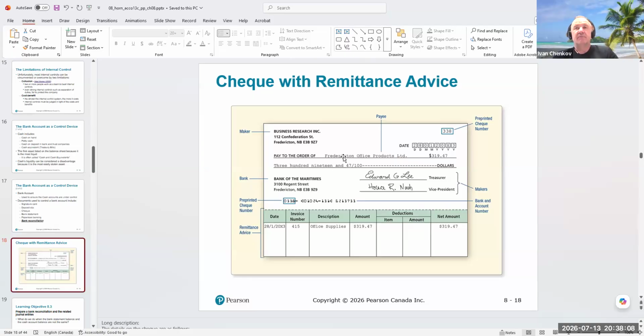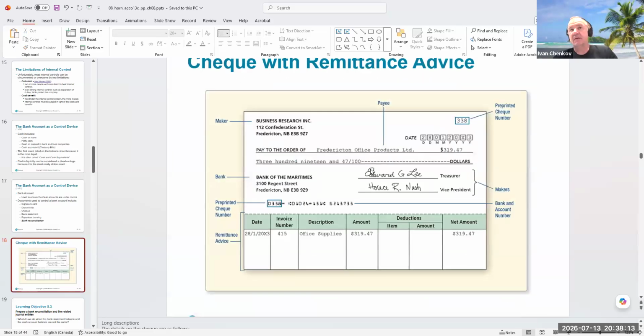The check is going to have certain requisites which are necessary. One is the institution, company, or person who writes the check. Check number, which is in consecutive order.